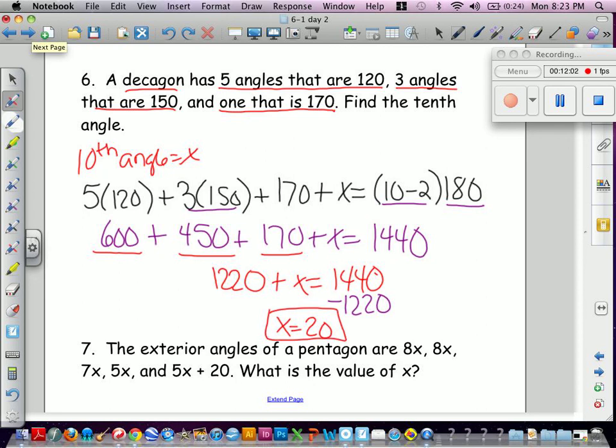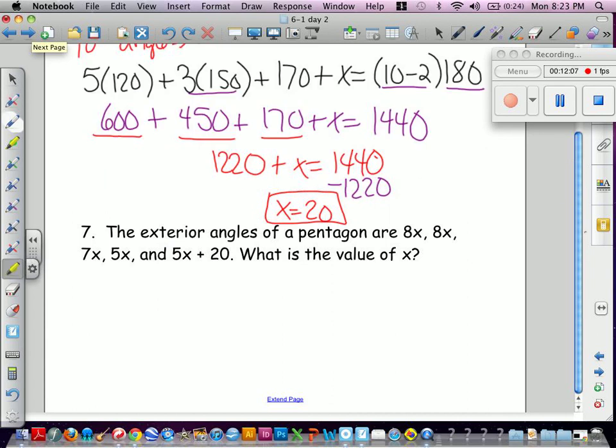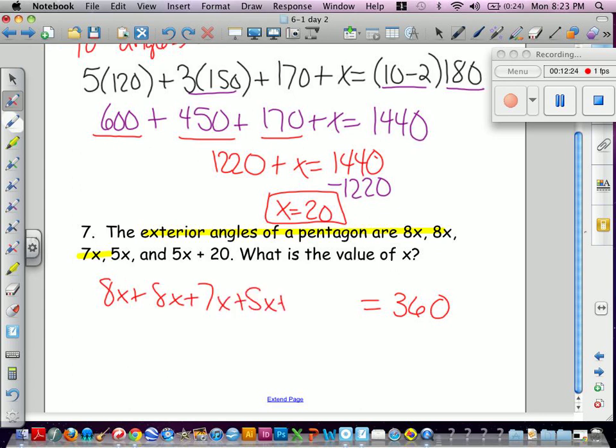On our last problem, same type of problem, except this time they're giving you exterior angles. The sum of the exterior always equals 360. So you're going to take your 8x, your 8x, your 7x, your 5x, your 5x plus 20, and they equal 360, because the exterior angles always add up to 360.